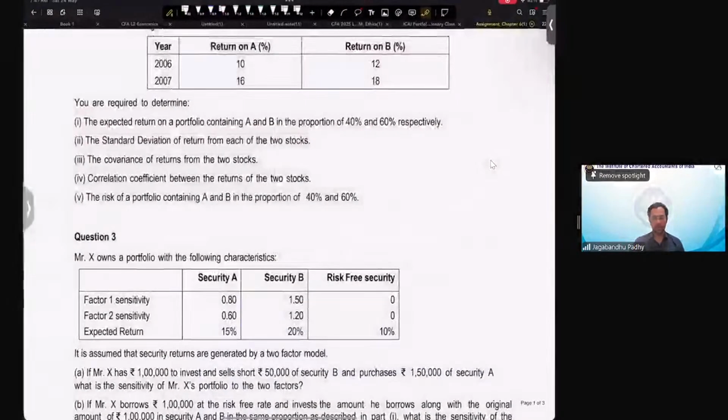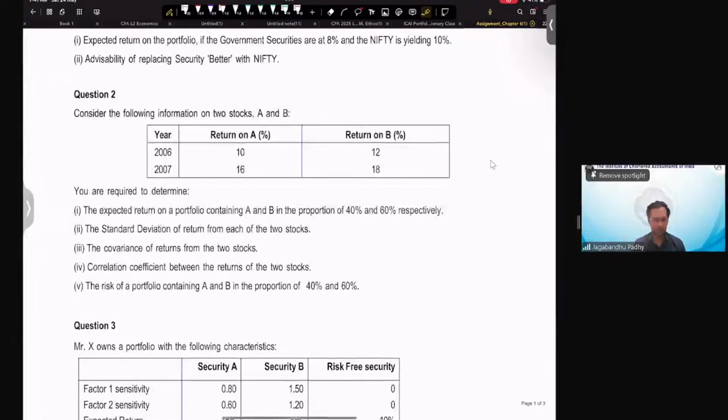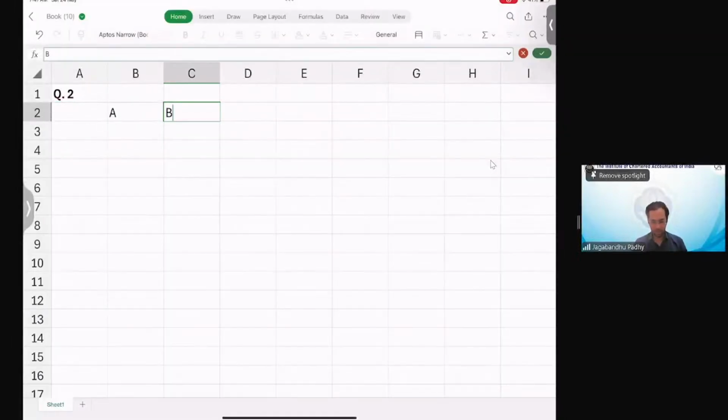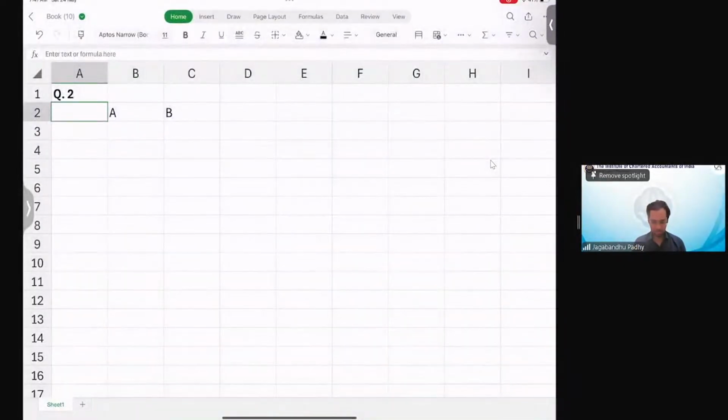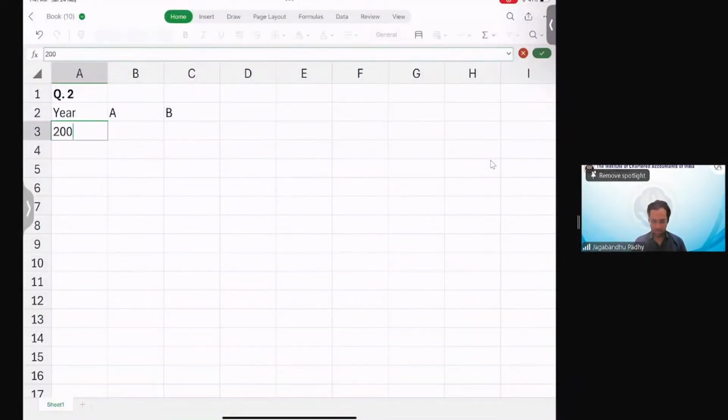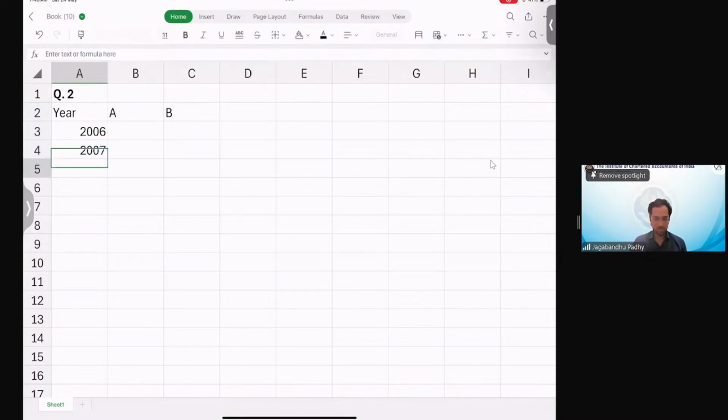We have two securities, A and B, and years 2006 and 2007.